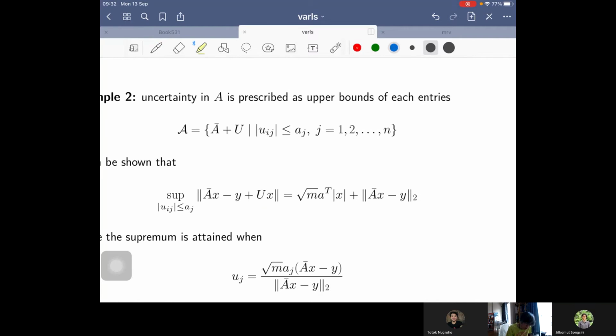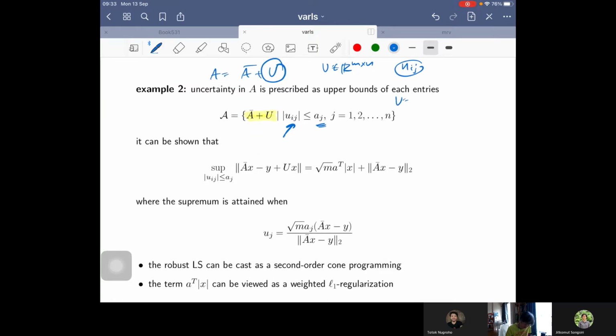In the second example, I also consider the linear additive structure of A, which means my A is still nominal value plus uncertainty. But now I describe the uncertainty matrix in a different way from example 1. Now I would like to use the notation that my U, which has the same size as A, has ij entries, and the magnitude of u_ij is bounded by a_j.